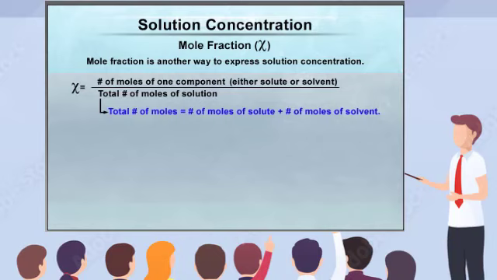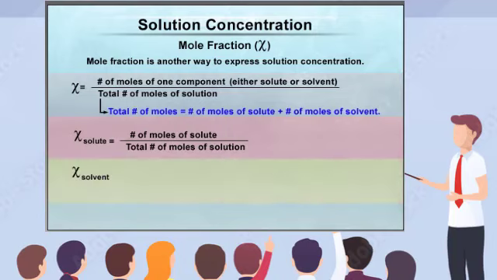For example, if the mole fraction of a solute is being determined, the equation is moles of solute divided by total moles of solution, and the equation is denoted as chi with the term solute written as a subscript. If the mole fraction of a solvent is being determined, the equation is moles of solvent divided by total moles of solution.